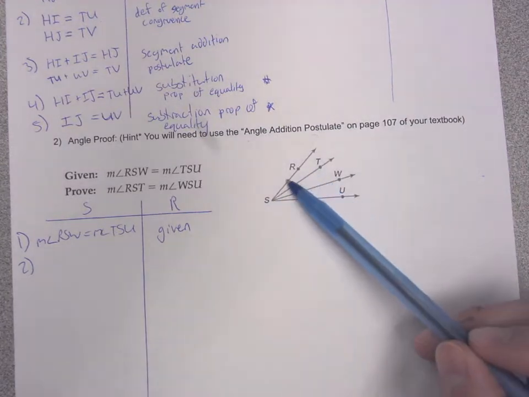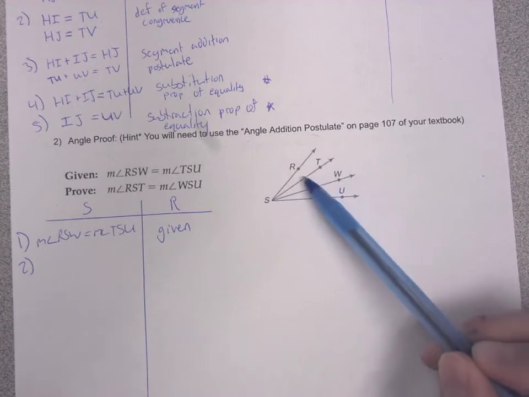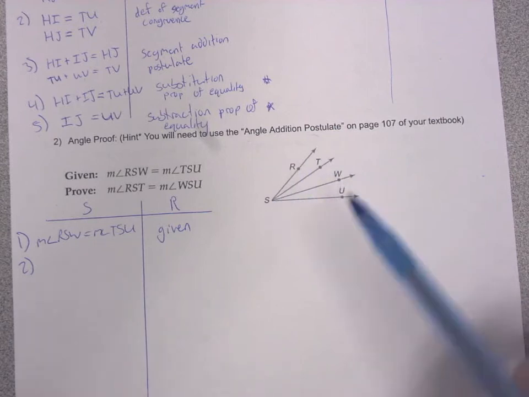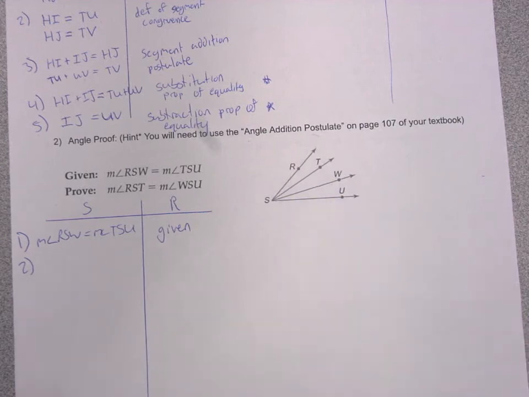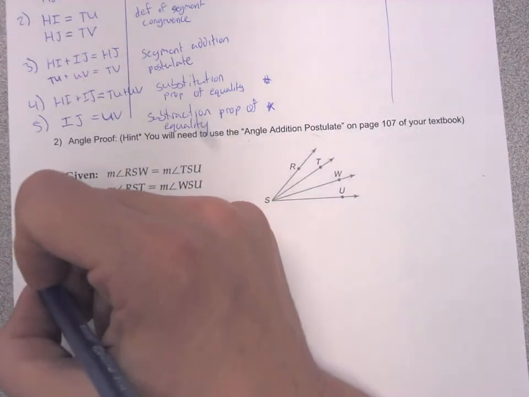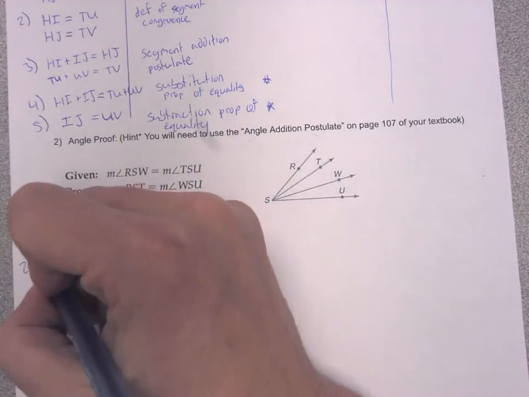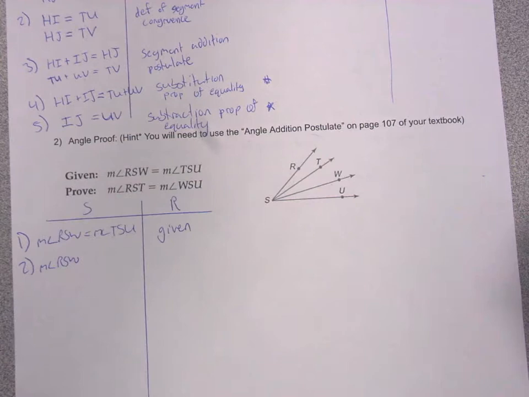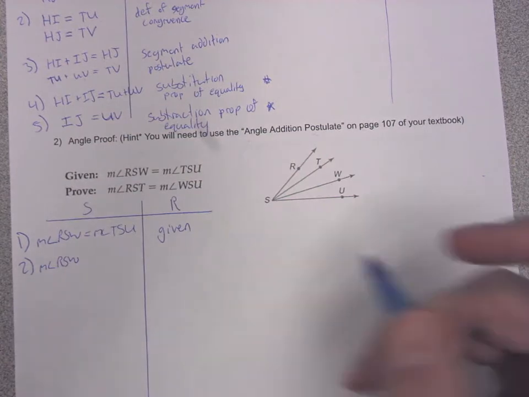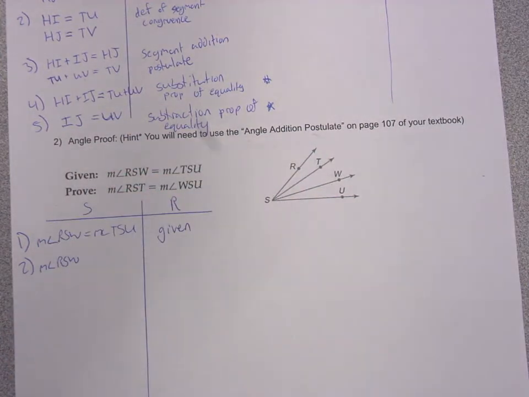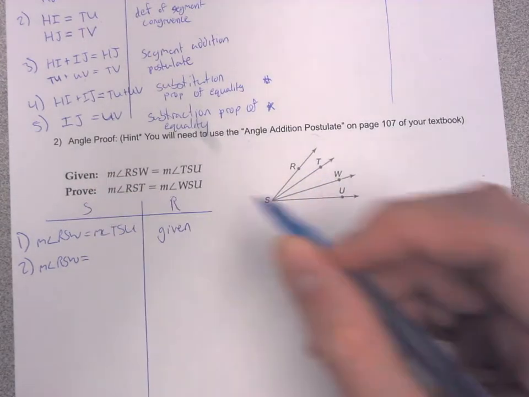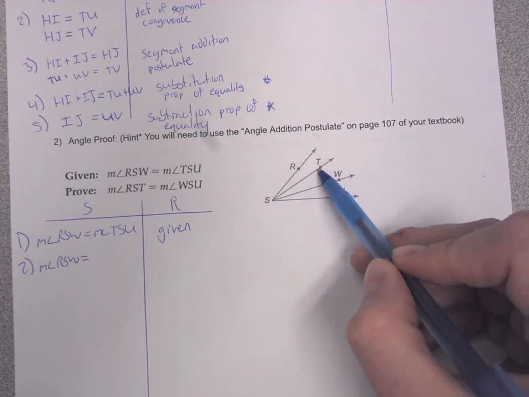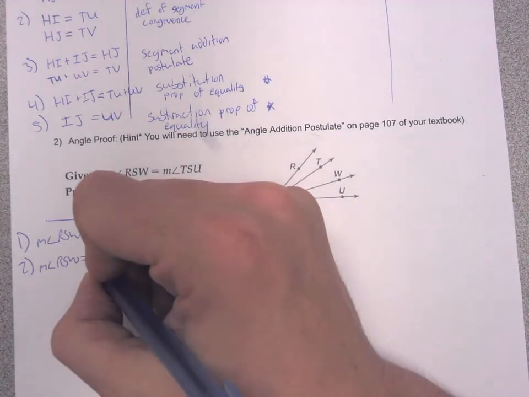The measure of RST plus the measure of TSW equals the measure of RSW. That's the angle addition postulate. The two small angles add up to the big angle, or the measures of the two small angles add up to the big one. So what I'm going to say here is the measure of angle RSW is equal to the measure of angle RST plus the measure of angle TSW.